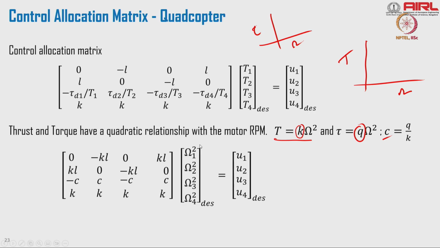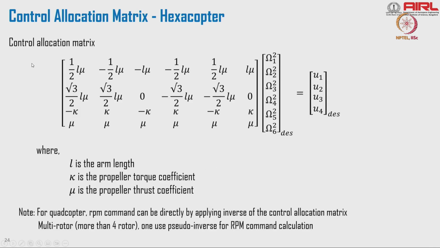basically the RPM commands, which go directly to the electronic speed control unit, and this is the matrix. But what we actually need is omega 1, omega 2, omega 3, omega 4 for a given U1, U2, U3, U4.